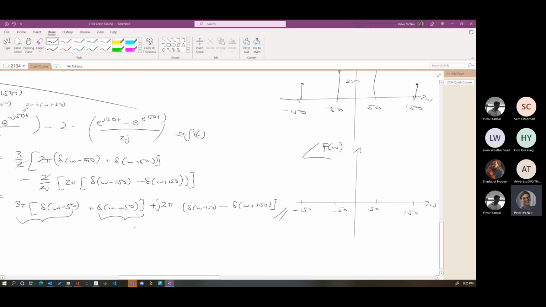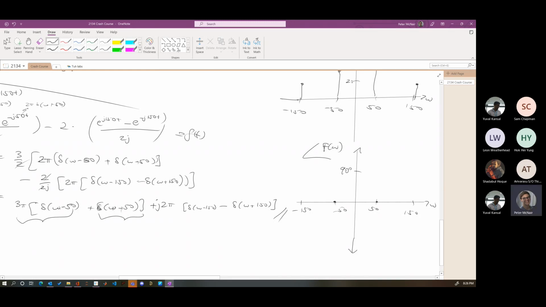Actually, these first two even. Does anyone have any idea what the phase might be? So at 150 it will be 90 degrees, and at minus 150 it will be minus 90. Awesome. That's perfect.